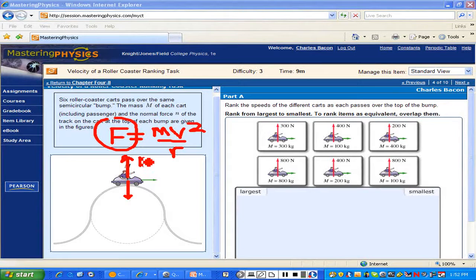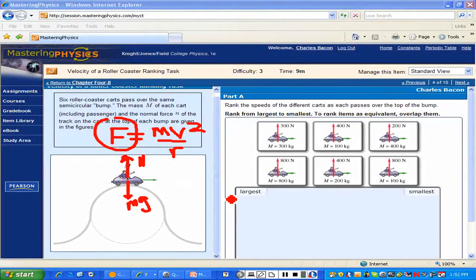Normal force is stated already, and we know how to calculate the weight from mg. So we've actually got the left-hand side of our second law here for circular motion. And remember that this form of the law is expressing the force that is acting toward the center of the circle.